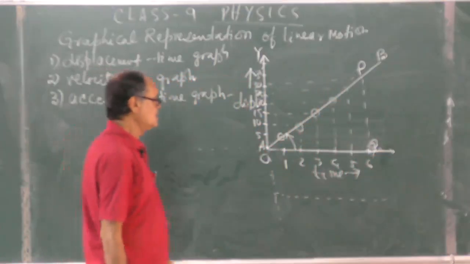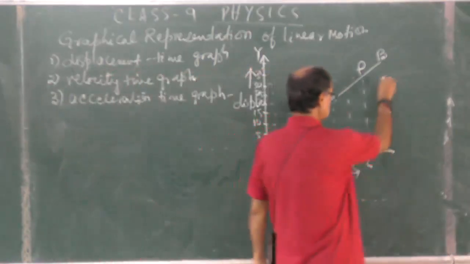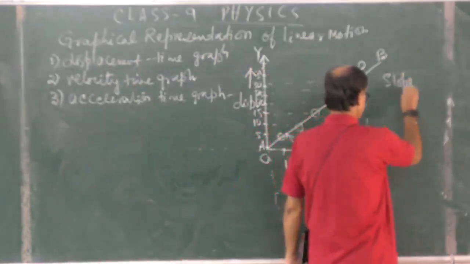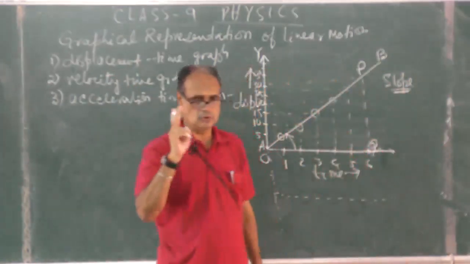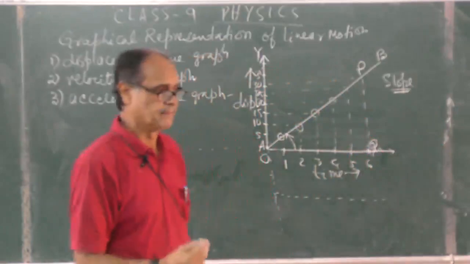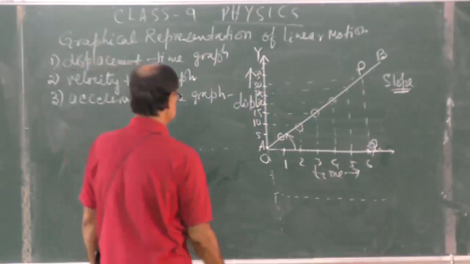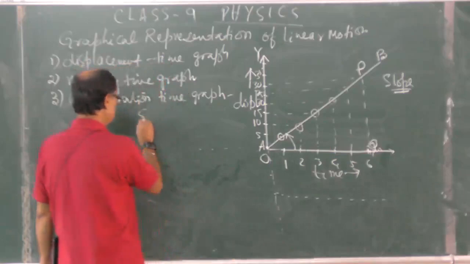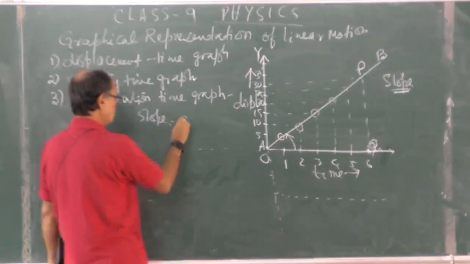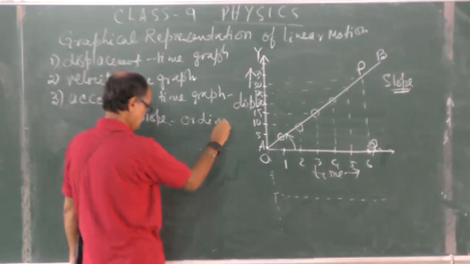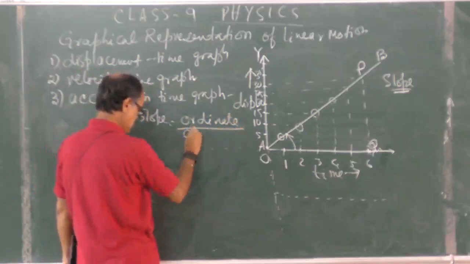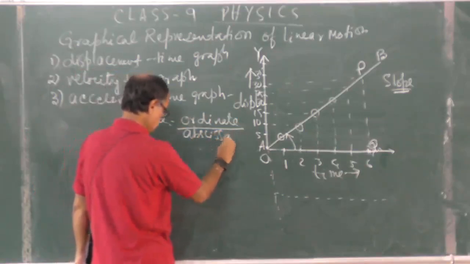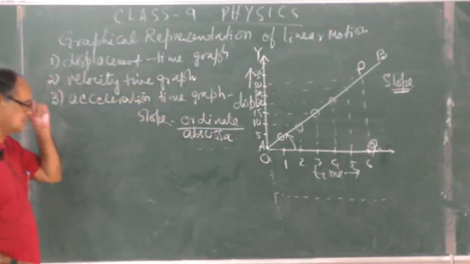Then we find the slope out of it. For finding slope, we have to come to two terminologies quickly. Slope stands for ordinate divided by abscissa. These are the mathematical terms.